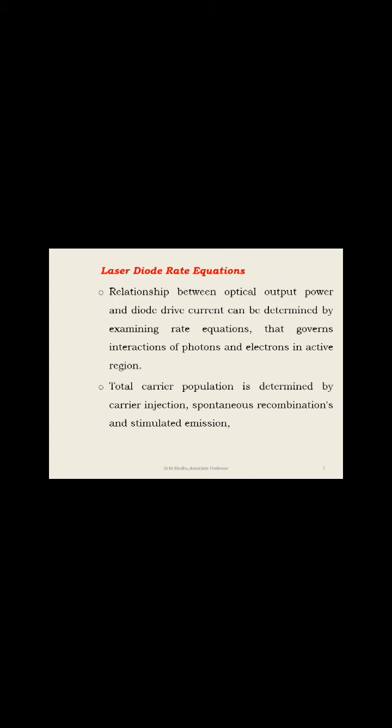Usually we know that when the lasing action is occurring, we have spontaneous emission, stimulated emission, and the injected electrons. So the rate equations are given by these two equations. One is dΦ/dt, which has a combination of stimulated emission, spontaneous emission plus the photon losses.